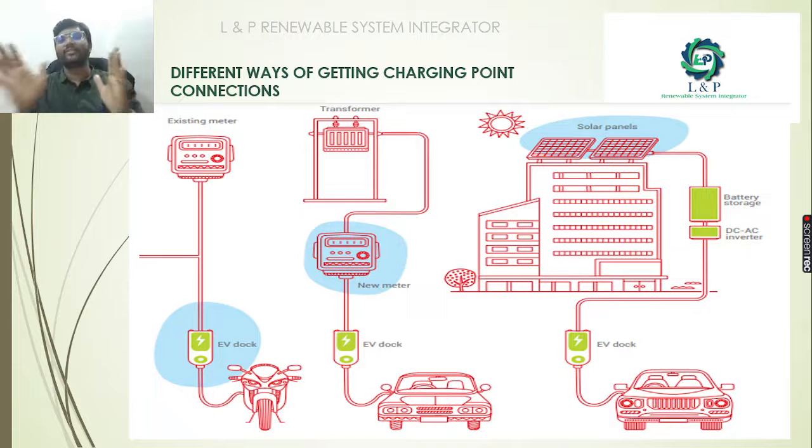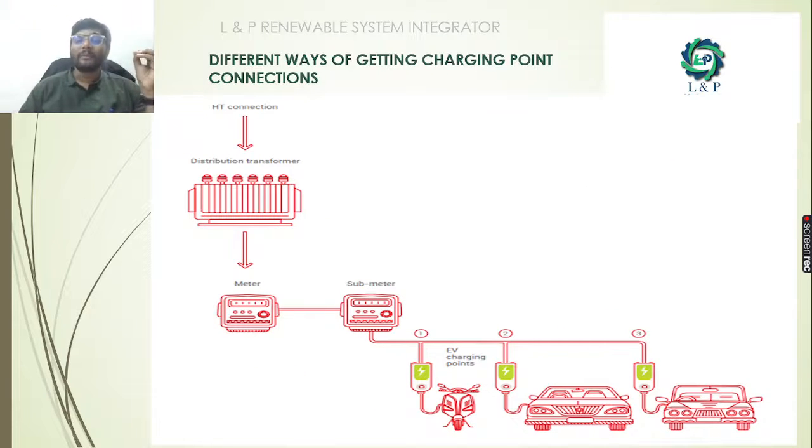There are different ways we can charge. One is through the existing power from the grid, with the help of electrical meters, or from the transformers by installing a new meter separately, we can make a charging provision. Or we can do it with the help of a solar panel. We have a battery storage, so from the solar we can directly charge our DC batteries, and with the help of DC to AC inverters we can convert the DC power to AC and charge our electric vehicles.